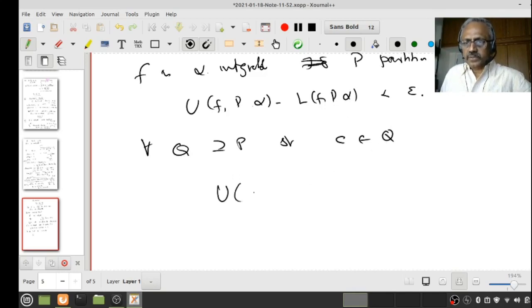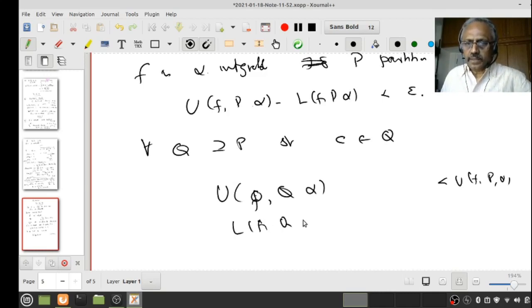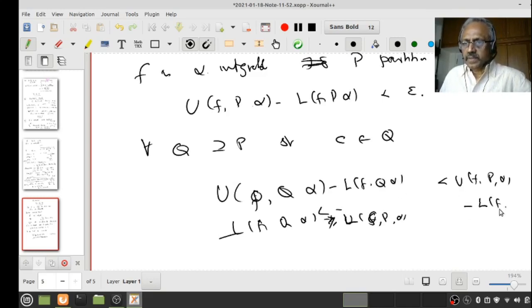Because if Q is a refinement, then U(f,Q,alpha) will be less than or equal to U(f,P,alpha), and L(f,Q,alpha) will be greater than or equal to L(f,P,alpha). Therefore U minus L for Q is at most that for P, but that's less than epsilon. Therefore this is true for every such Q also.